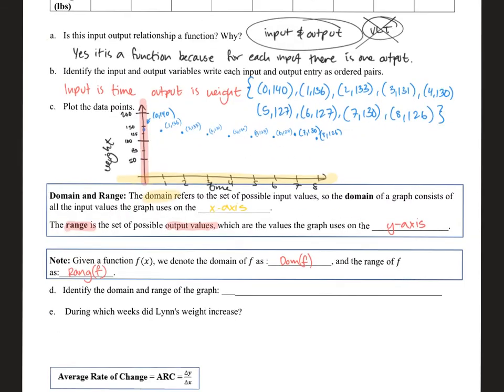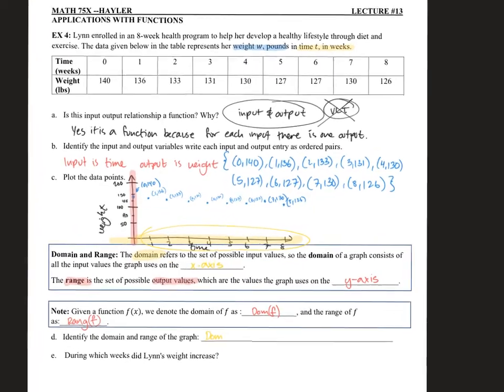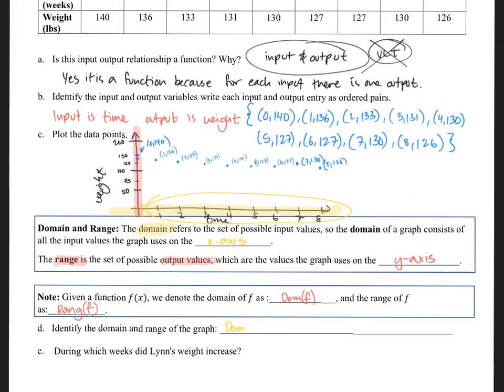Alright, so let's first identify the domain and range of our graph. Well, the domain of our graph is, remember, going to be the x values. So the x values consist of 0 through 8. We're not actually given a function f, so we're just going to say the domain and list out the numbers.